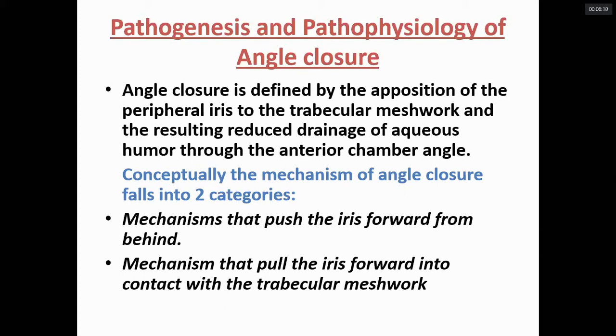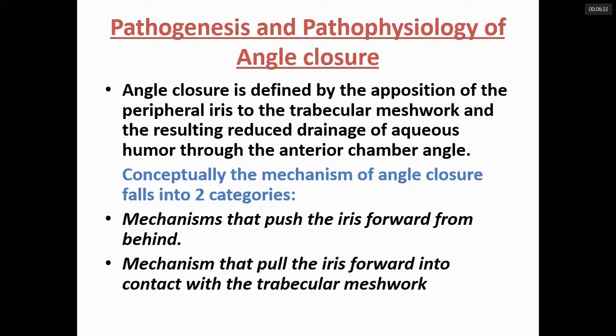Aqueous is formed by the ciliary process, by the ciliary epithelium, and from there it goes to the posterior chamber, through the pupil it comes to the anterior chamber, and it is drained through the trabecular meshwork to the Schlemm's canal into the subconjunctival space, or into the venous system. So this must be very clear.